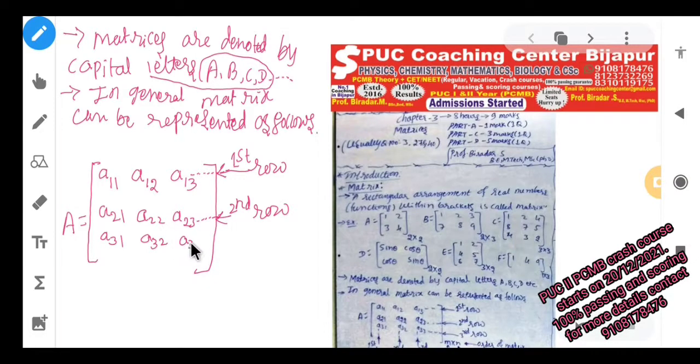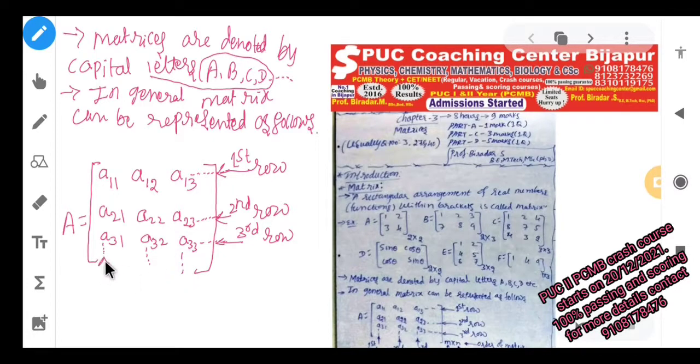Here third row, third column and so on. This is the third row. Okay, here we mentioned rows: first row, second row, next the third row. Similarly, it continues down also, and so on.